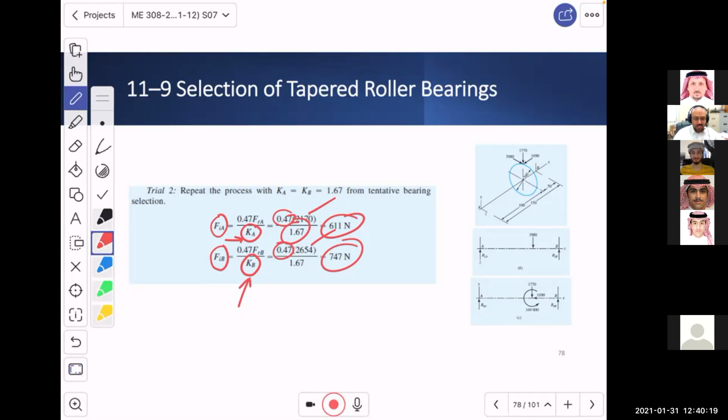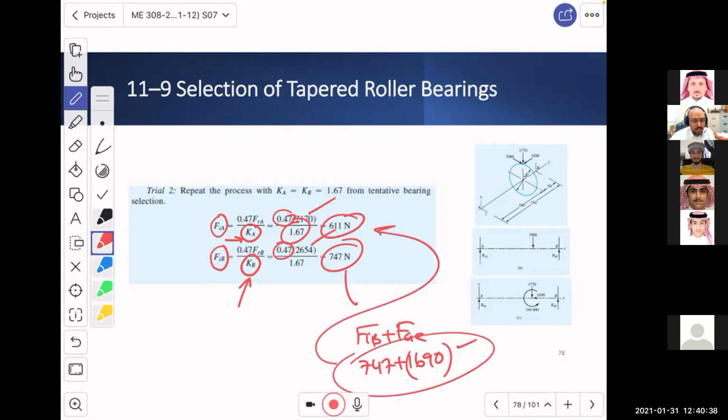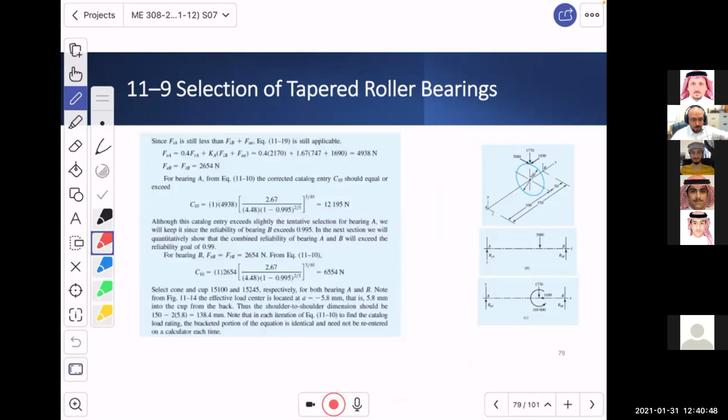Okay? Now, apparently, ya shabab, if you look, you will see that FIB plus FAE, which is 747 plus 1690, will not change. It is still the same. It is definitely as a sum bigger than 611. So the same assumption holds that the thrust will only apply to bearing A. Now, if you remember the equation, what are the factors now that will change? 0.4 is the same.